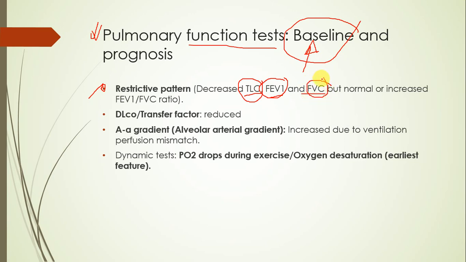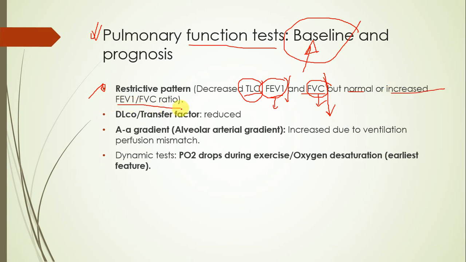All of those volumes and capacities will be lower than normal. But notice that the reduction of FEV1 and forced vital capacity or FVC are almost equal, and sometimes FVC reduction is more than the reduction of FEV1, leading to a normal or increased FEV1/FVC ratio.